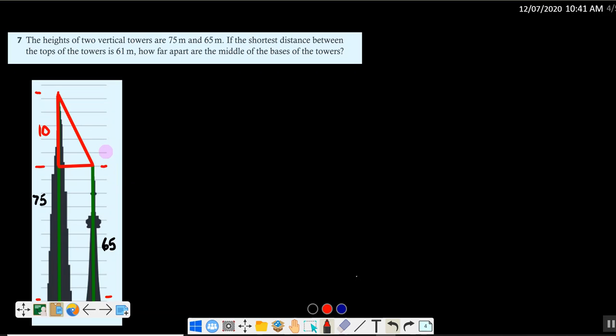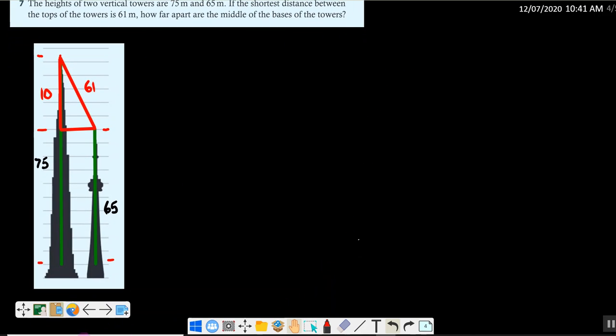Hypotenuse is 61. How far apart are the middle of the bases of the towers? So the middle of the bases are, here's the base, here's the base. Do I need to find that distance, or will this one do? That one will do. Yeah.